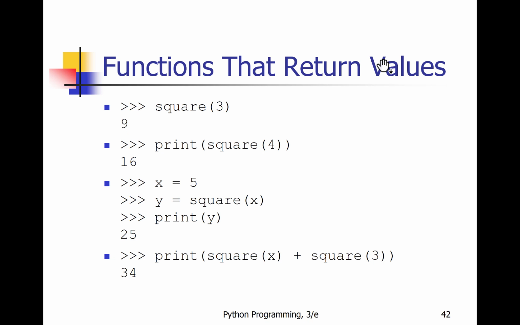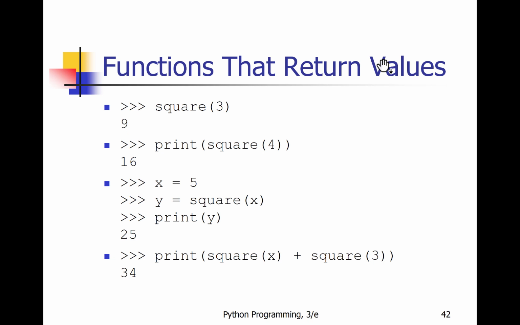Or we could say x = 5, y = square(x), print(y), and it would print 25. And then we would say print(square(x) + square(3)). The square of 3 is 9, and x is equal to 5, so the square of 5 is 25, and 25 plus 9 is 34, and look what we got.